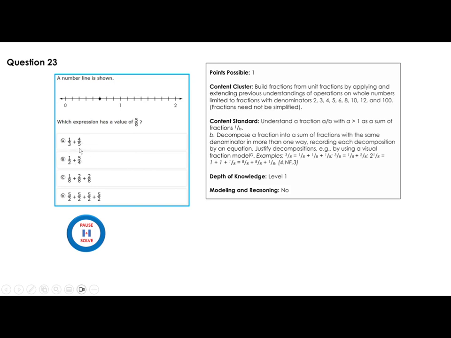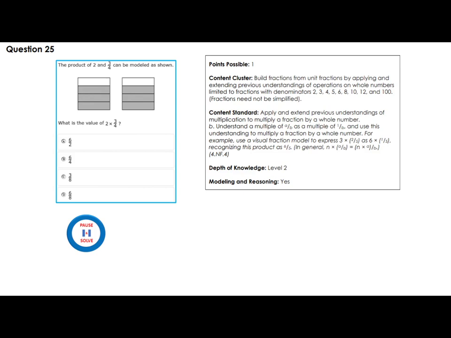Immediately you look at this here, see? 3 and 2 is 5, so 5 over 8, this one right here. This one, if you add them 5, 10, 15, that's 20 over 2. That's not it. So clearly, this is the answer.